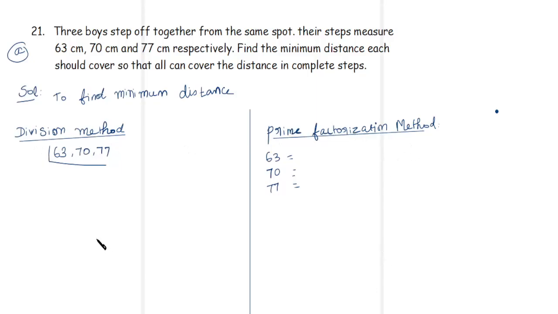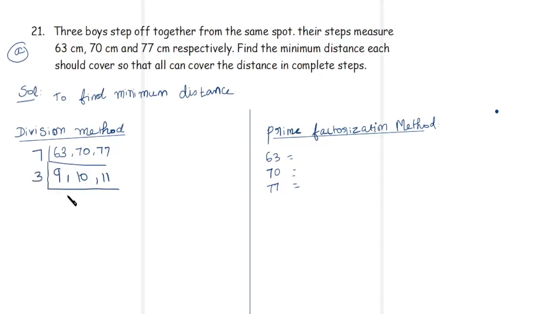First the division method. 63, 70, 77 can be divided by 7. 9 sevens are 63, 10 sevens are 70, 11 sevens are 77. Here 11 is a prime number, but 9 and 10 are not prime, so we have to divide further.